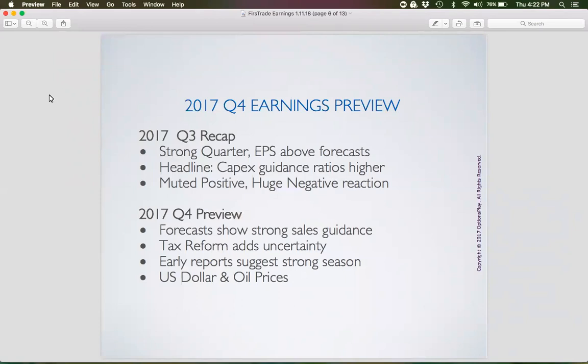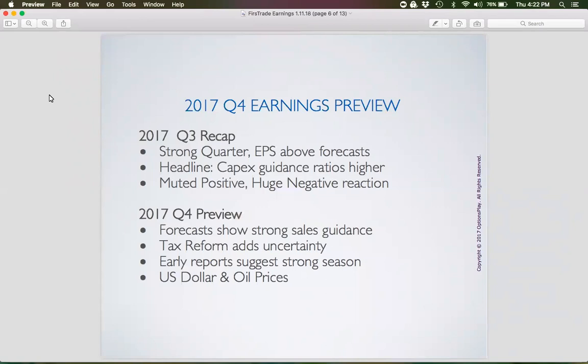The headline that we really saw change from Q2 to Q3 was that CapEx guidance ratios were higher. CapEx refers to capital expenditure. What that means is we saw companies being more confident about spending money in order to grow their companies. This happens, generally speaking, when you get executives who feel a little more confident in the economy.